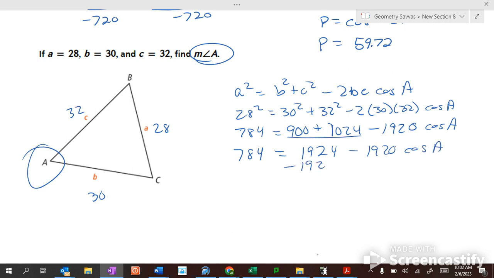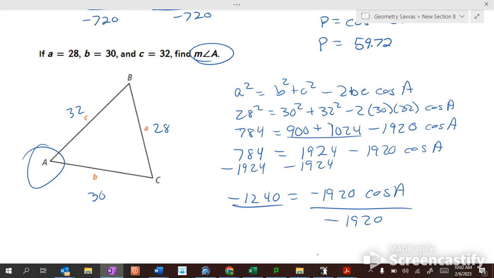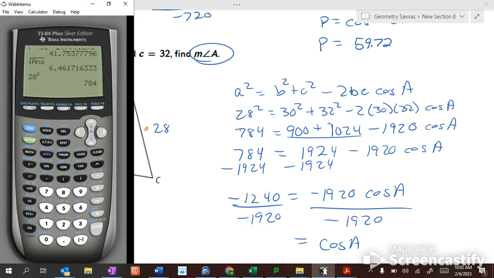Subtract 1924 from each side. So we get what? Negative 1140 equals negative 1920 cosine of A. Divide by negative 1920. Cosine of A equals negative 1140 divided by negative 1920.